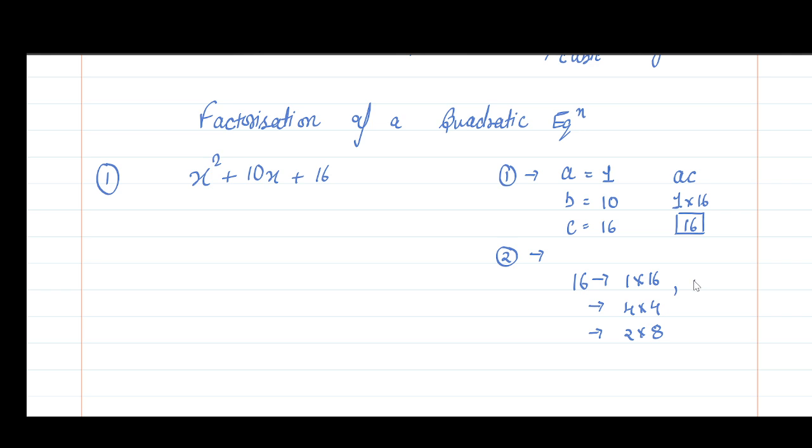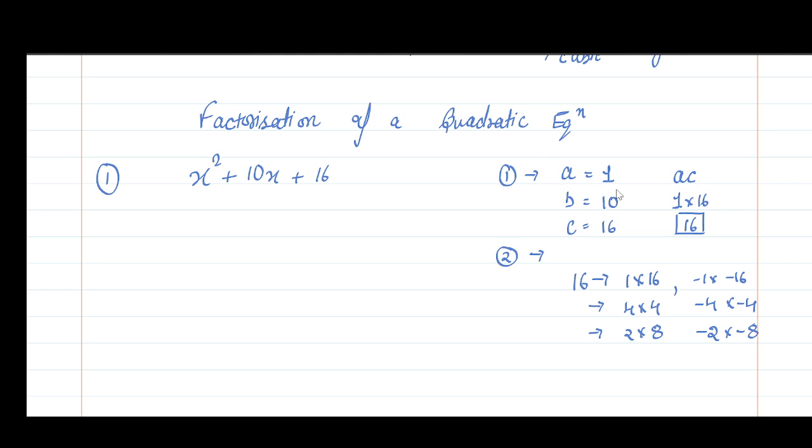And then negatives as well: minus 1 times minus 16, minus 4 times minus 4, minus 2 times minus 8. Now we have to figure out which pair can give us the value of b.